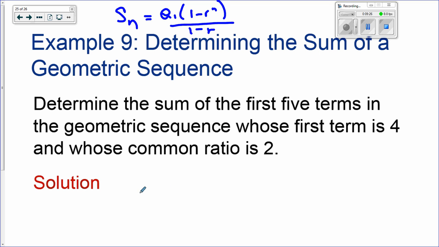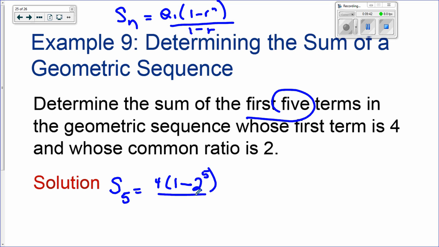Okay, so they want us to do the first 5 terms, so that's S sub 5 equals a sub 1, the first term, which is 4, times 1 minus the common ratio 2 raised to the 5, over 1 minus 2. So you do what's in the parentheses first.